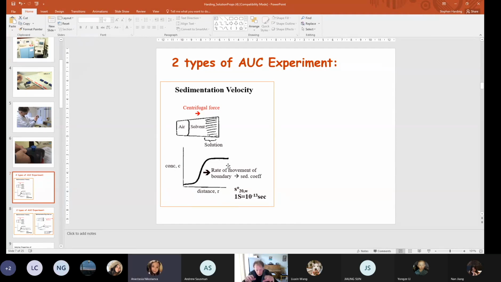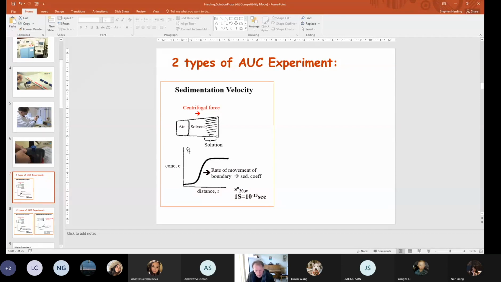So if we're looking down on one of these cells, they have two compartments. One contains pure solvent, the reference, and the other contains your solution. So you're looking down on one of these sectors.